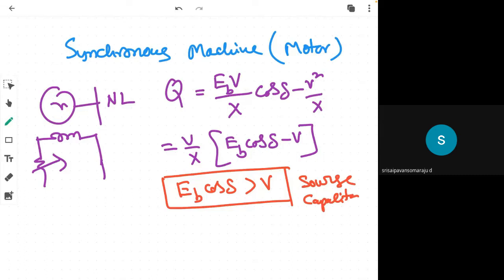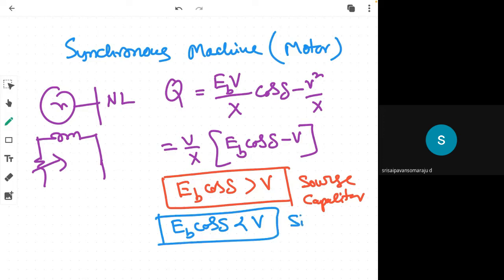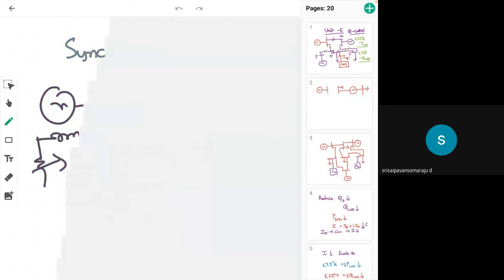If EB cos delta is less than V, then it is acting as a sink. So this is about the synchronous machine operating as a synchronous phase modifier or synchronous condenser.